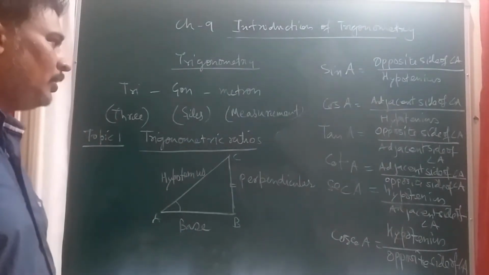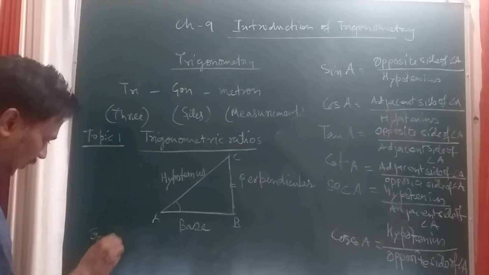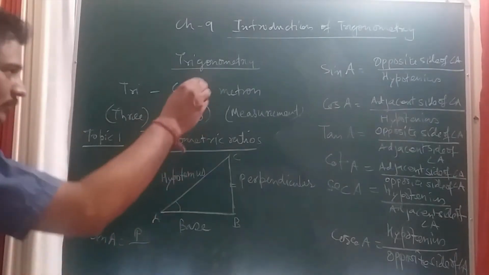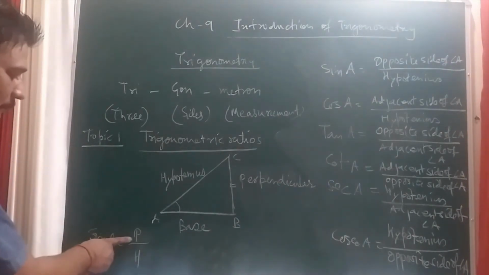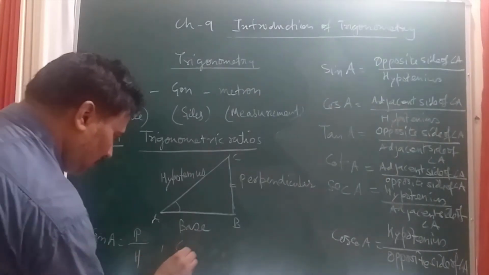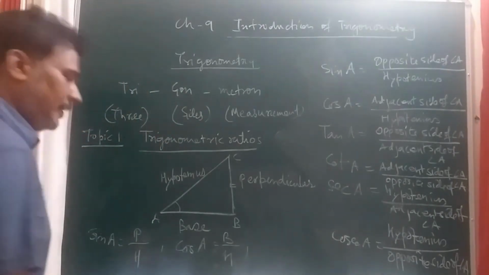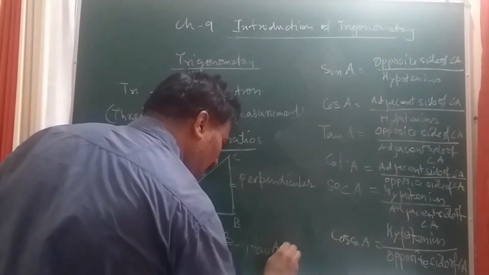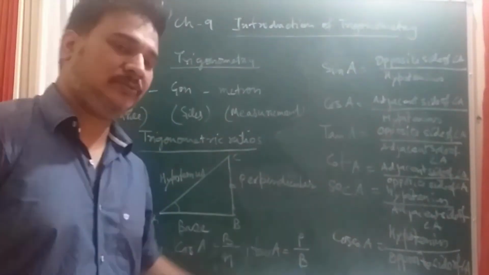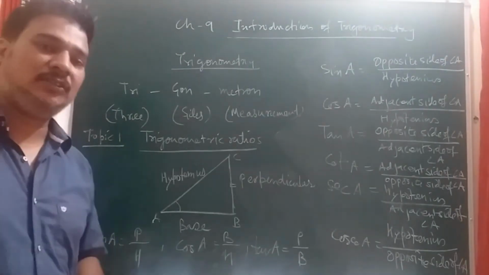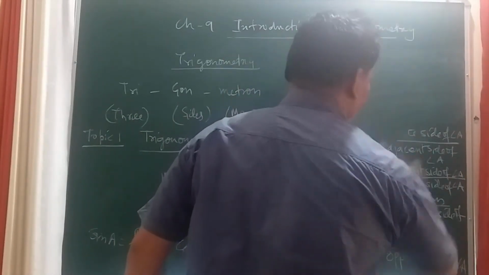So we can learn sin A is equal to perpendicular upon hypotenuse, represented by the symbols P and H. Cos A is equal to base upon hypotenuse. Tan A is equal to perpendicular upon base, and so on. Now I think you understood the concept. Now there is a technique for learning these formulas.